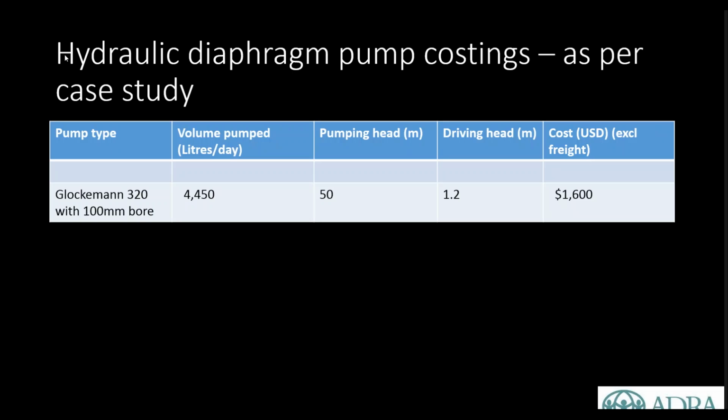And the driving head is also lower. So for 50 meters delivery head, or the head between the pump and the tank, the driving head's also 1.2 meters. And then the cost actually is also lower as well. So it's only about $1,600 US dollars for that pump, excluding the freight.